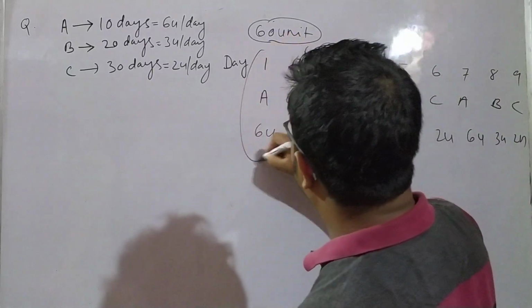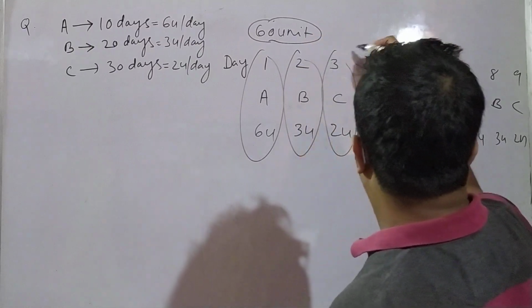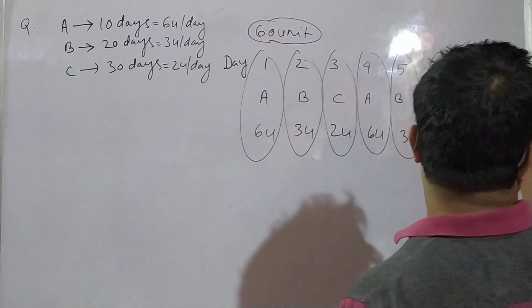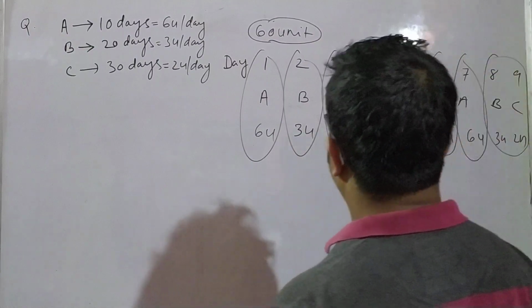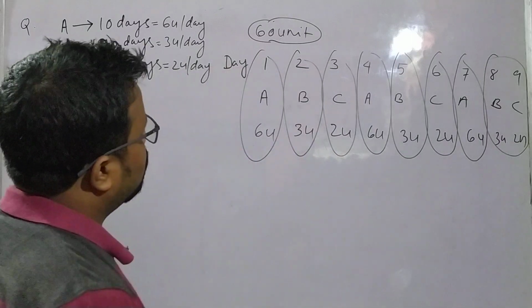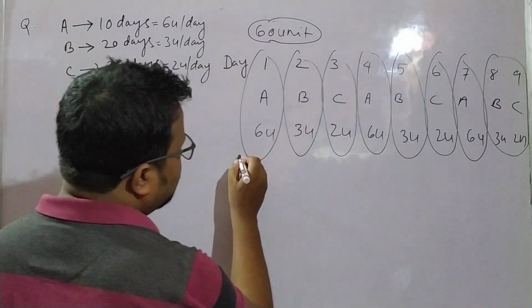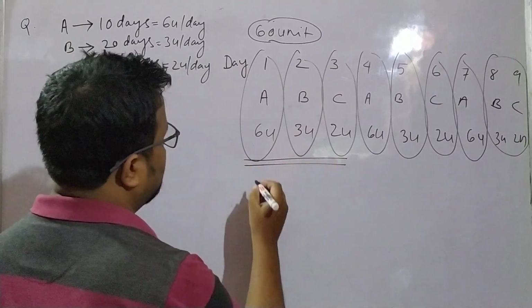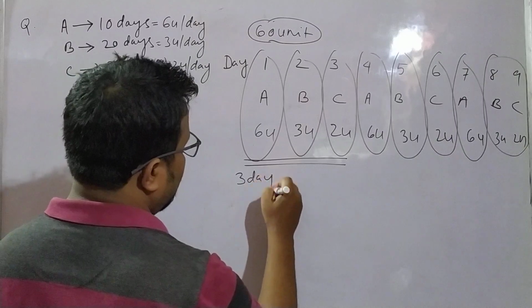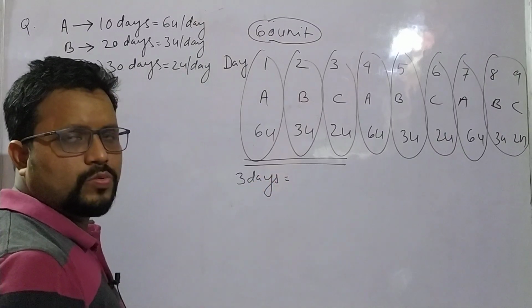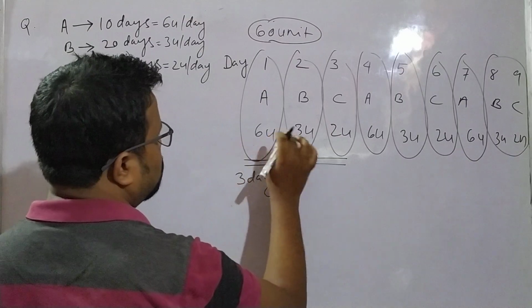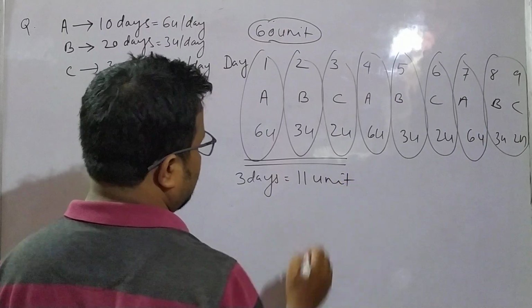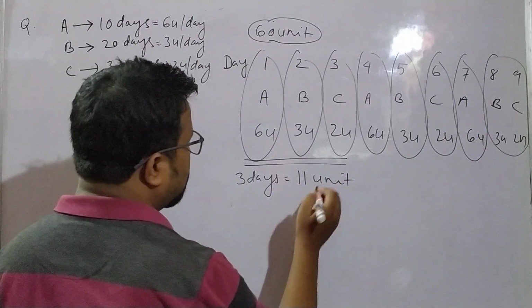So in every 3 days, how much work is completing? 6, 3, 9, 11 units. In every 3 days, 11 units are completing.